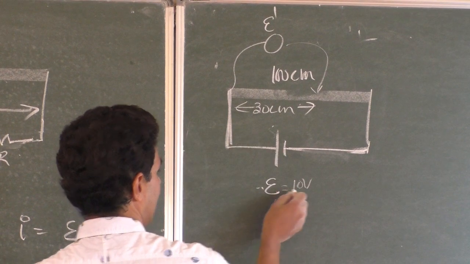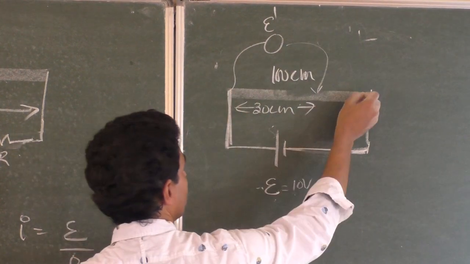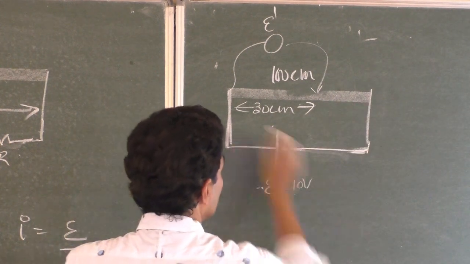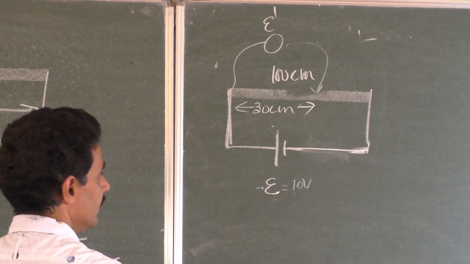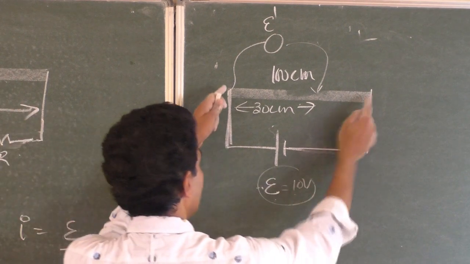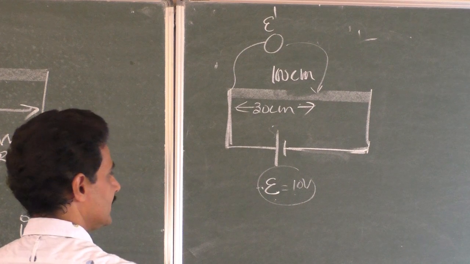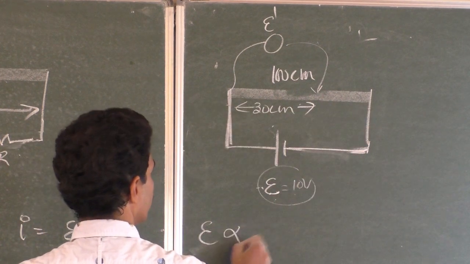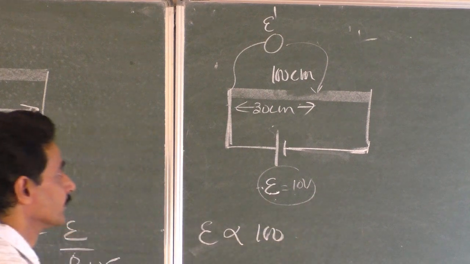You need the full length, right? Because this 10 volt is distributed over the full length of 100 centimeter. So EMF E is distributed over the full length 100 centimeter.